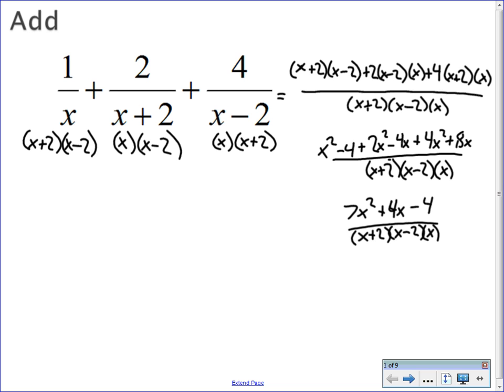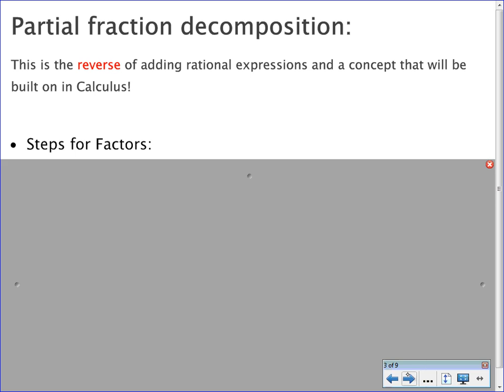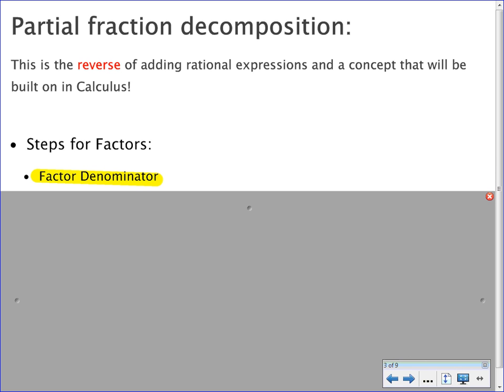Okay. So in order to start here and work our way backwards, we are going to need to factor the denominator. That way we know how many fractions it's going to be broken up into and what the denominator for each fraction is going to be.